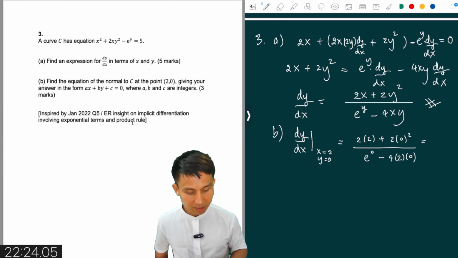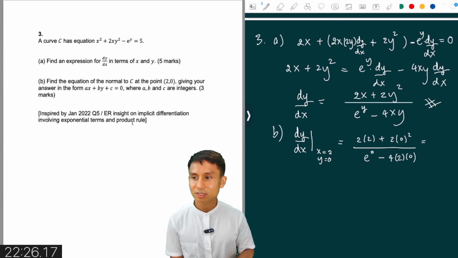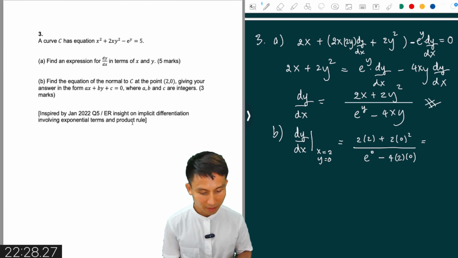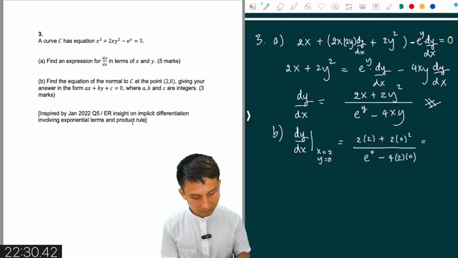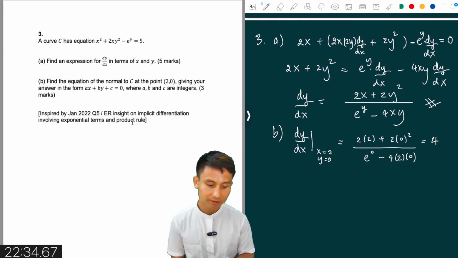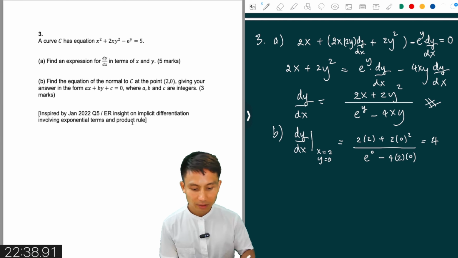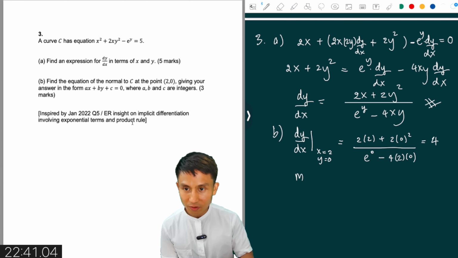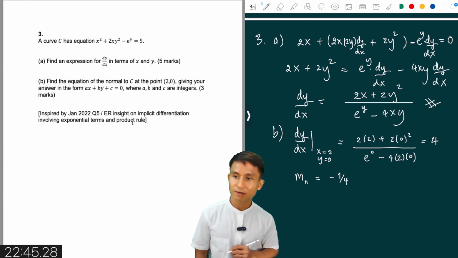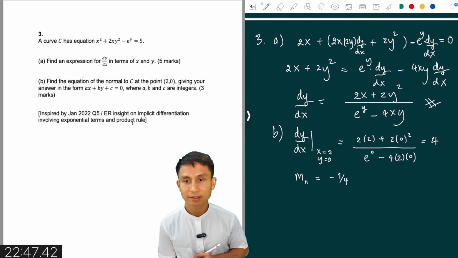The denominator is 1 because e to the 0 is 1, and the numerator is 4 plus 0, which is 4, so the whole thing is 4. That means the gradient of the normal is minus 1 over 4. Just flip the fraction and put a minus sign.